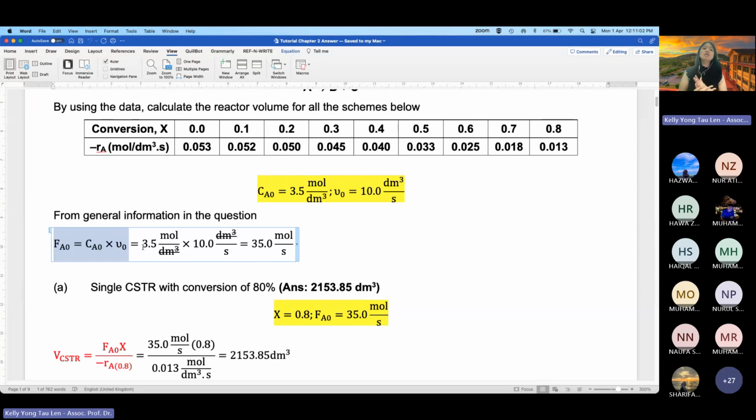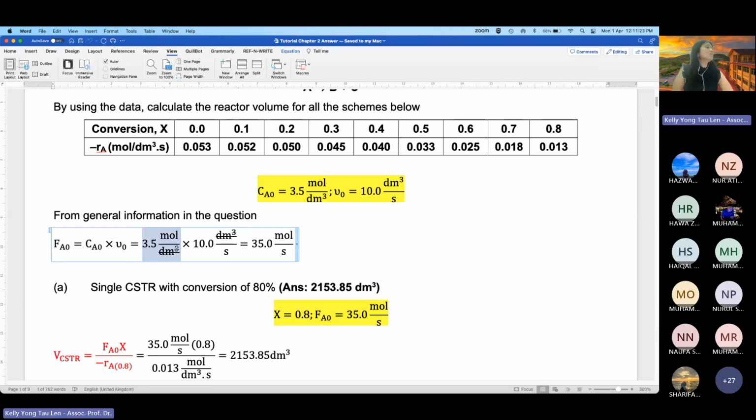So let's say your final unit is the unit that you want. Most likely your calculation is correct. But let's say when you cancel the units, you did not get the unit that you want. So meaning to say that your formula has some errors and you need to check back. So for example, in this case, let's say I assume FA naught is equal to CA naught multiplied with epsilon naught, right?